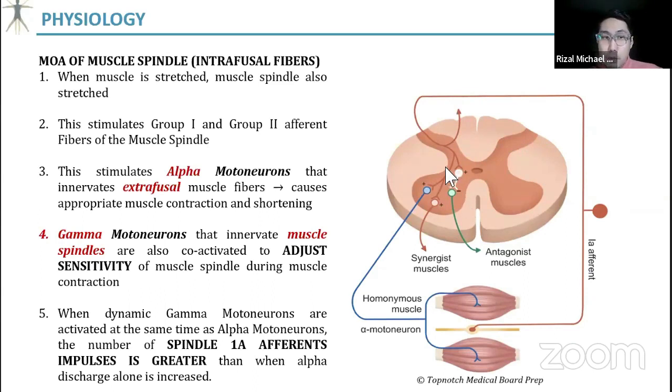So, two concepts I want you to take note in this part, okay? Your sensory fiber, your 1A afferent fiber will directly synapse with the alpha motor neuron of the target muscles. So for example, in our scenario, directly synapsing siya sa alpha motor neuron ng quadriceps muscle. Okay?